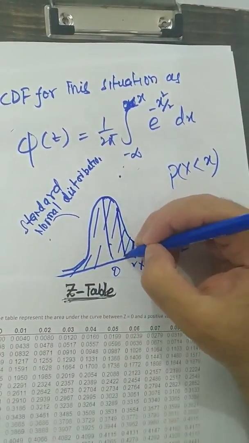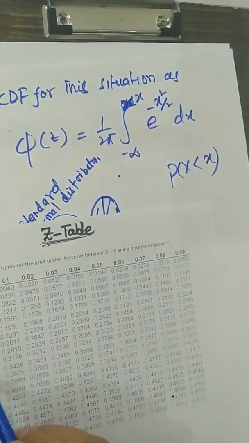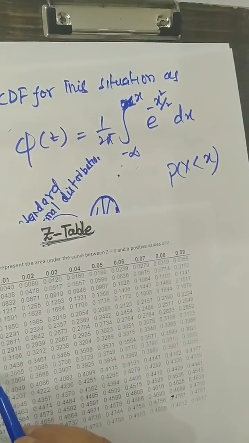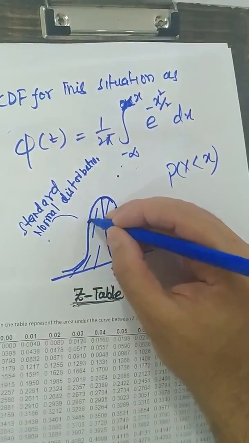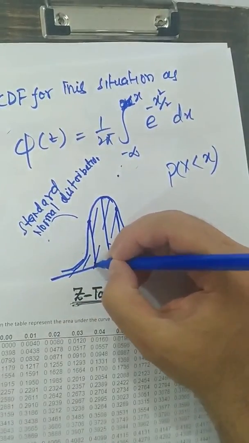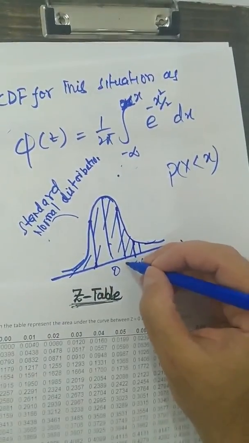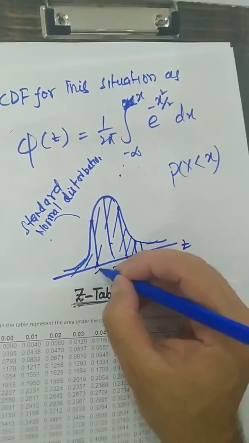Suppose here it has the value 0.3413. If I take the negative and positive values of the first standard deviation, here z is equal to 1 and here z is equal to -1.